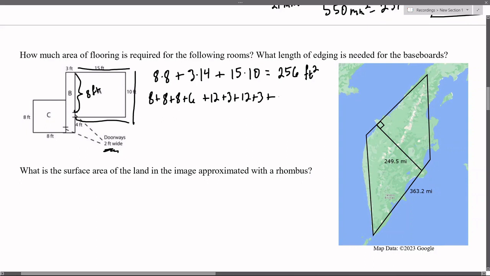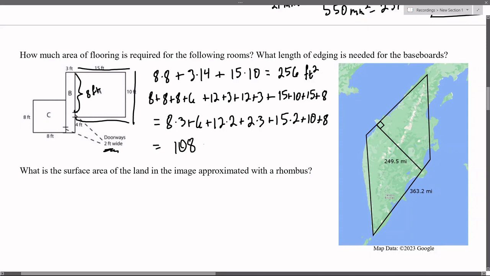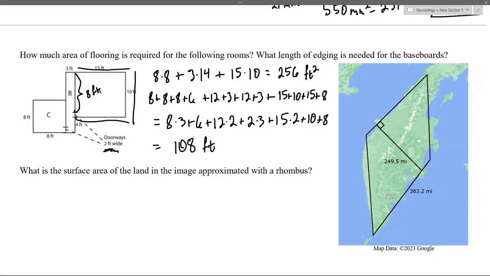So we're going to have 15, 10, 15, and 8. And I'm getting 108. It's going to be a length measurement because we're calculating the perimeter, which is just a length around the shape. So 108 feet is the minimum required for the edging needed for the baseboards.